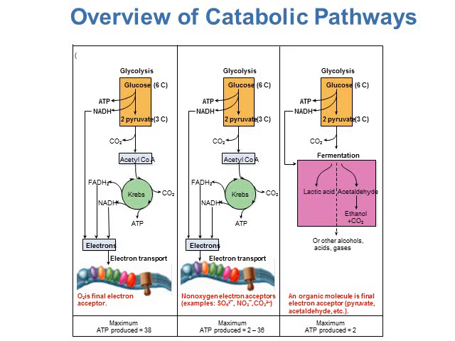So in fermentation, it just has glycolysis in that orange box. And then those pyruvates that come out of glycolysis, you can see pyruvate, they have to go through fermentation. And this is where different types of alcohols or organic molecules are produced in the pinkish purple box. So an organic molecule is the final electron acceptor.